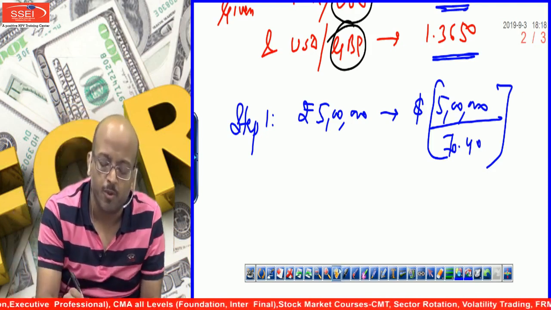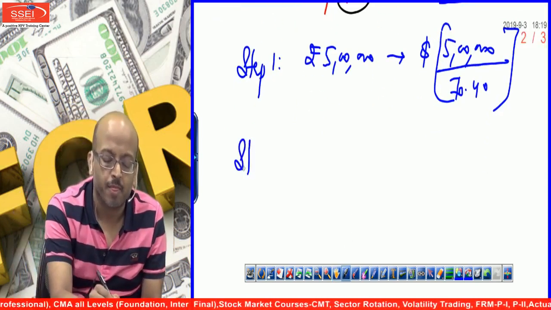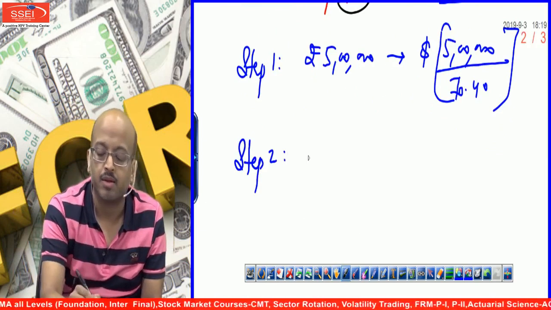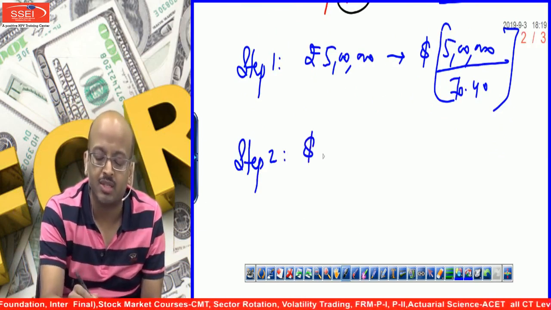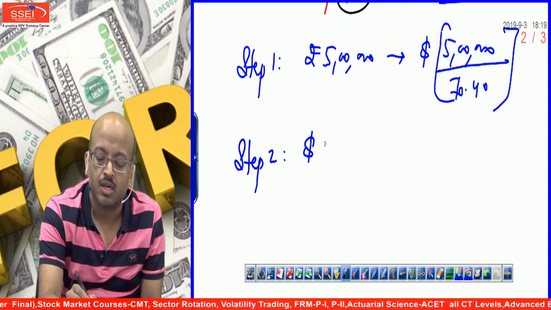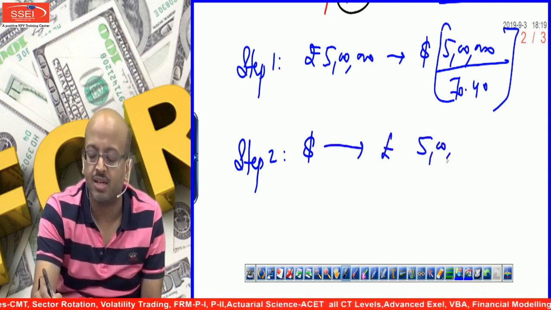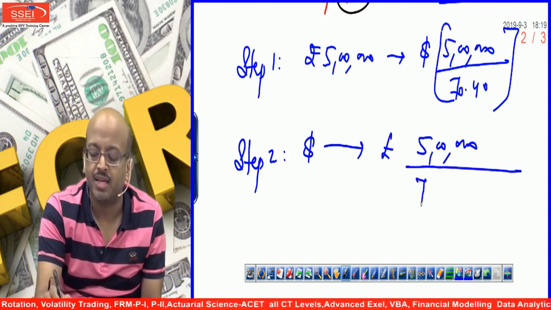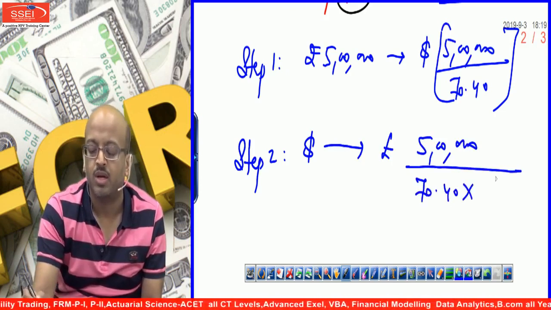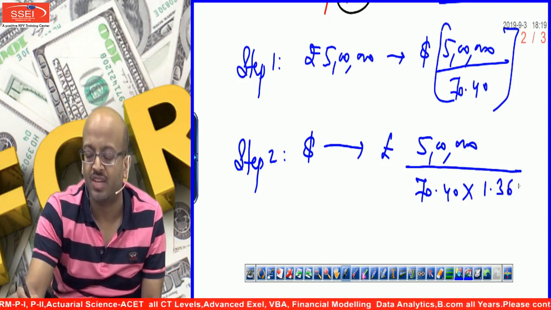Okay, step 2. Dollars, dash, pound: 5 lakh divided by 70.4 and divided by 1.3650.